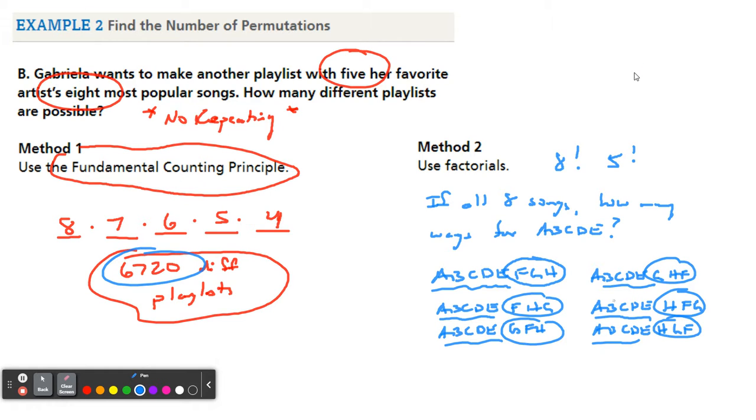So what this shows is that there are 6 ways to write the same choice.